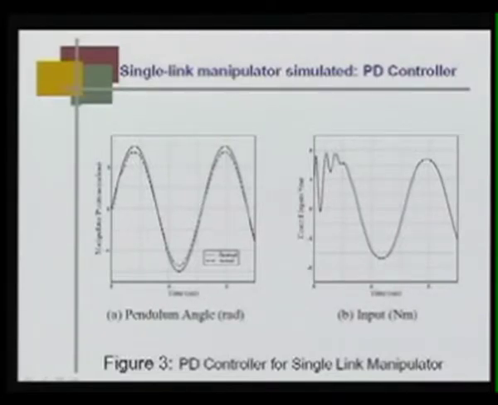You see the tracking is not so good, which is natural because it is a simple PD controller, and the control actions are given here. And this is the most optimal performance of a PD controller, because we have optimized the parameters Kp and Kd using a genetic algorithm.